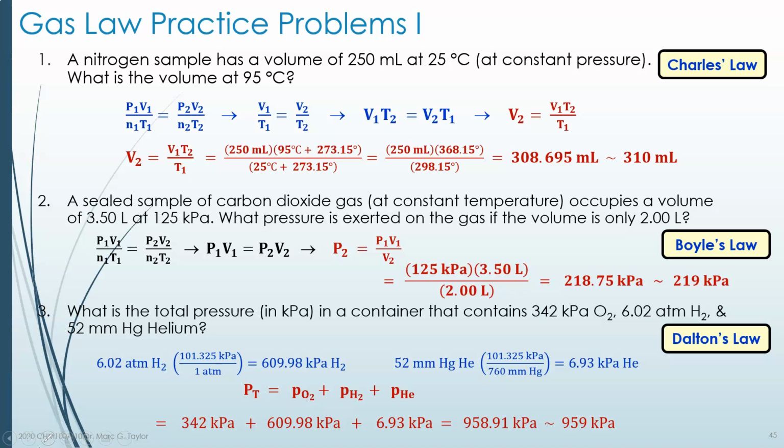That one has its last significant digit in the ones position, and therefore we round to the ones place, giving us 959 kilopascals. You can think of it as 3 significant figures, but when you're adding or subtracting numbers that have significance, you have to look at the decimal places, not the significant figures.